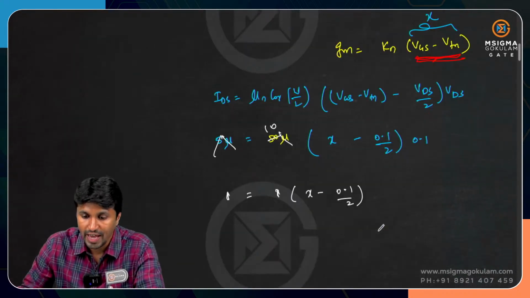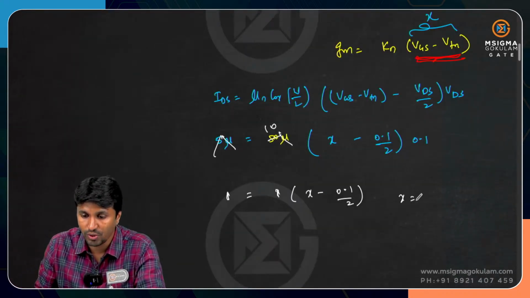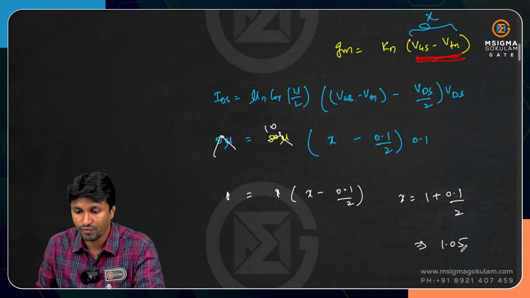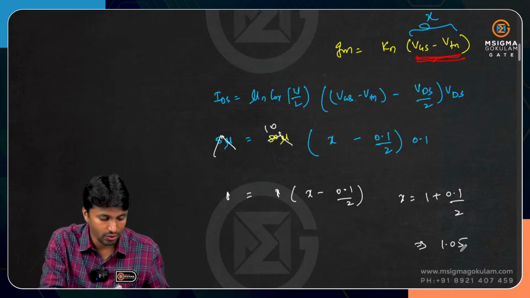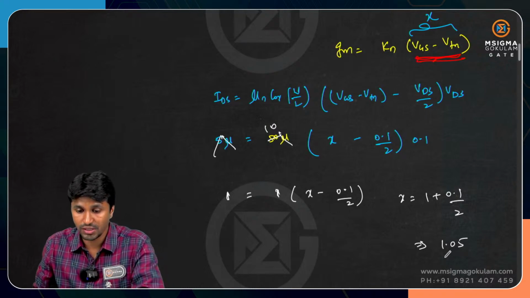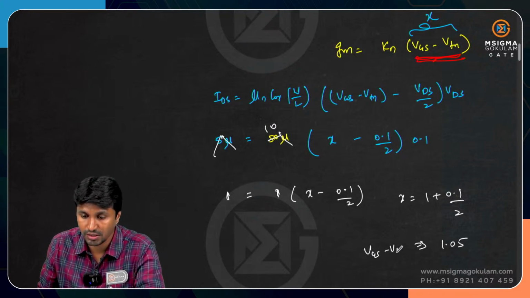Therefore X is equal to 1 plus 0.1 by 2, which is nothing but 1.05. So this is nothing but VGS minus VTN, right?